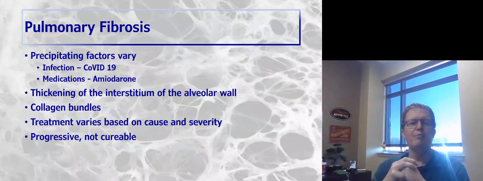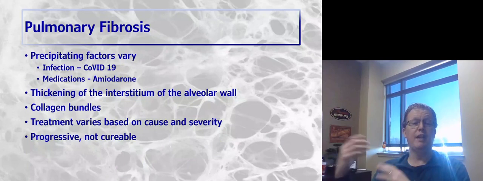There are a variety of precipitating factors. The two predominant ones that are out there today are any kind of lung disease. I mentioned COVID-19 here, but lung diseases, viral infections, if they're severe enough, if they're profound enough, those things can stimulate the increase in production of fibrin.